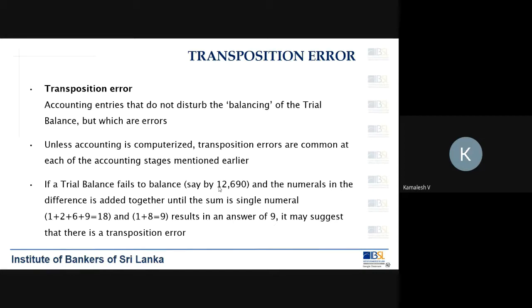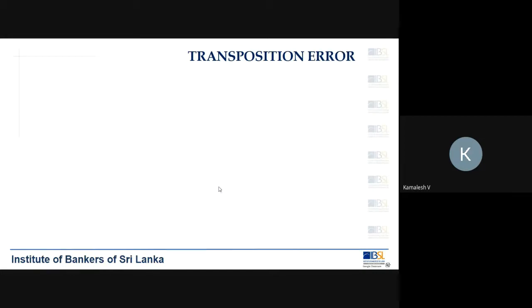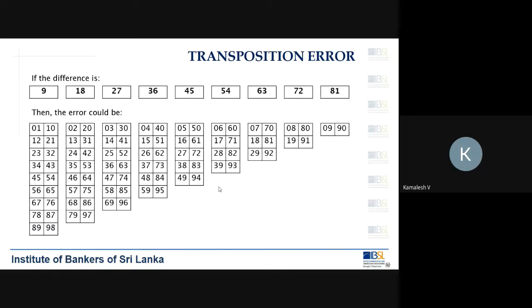So how can this happen? That is what is reflected in this chart. It can happen like this: 01 becomes 10, 23 becomes 32, or 78 is entered as 87.